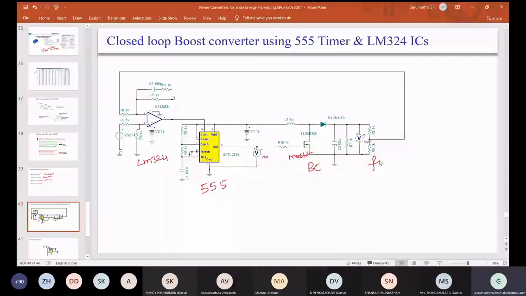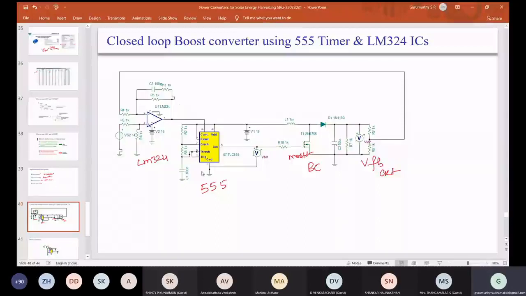Maybe in the afternoon during the hands-on you can see the response by using Tina TI software. This circuit is simulated and it is working very nicely. And once you see all the things, then you can go for building the boost converter circuit.